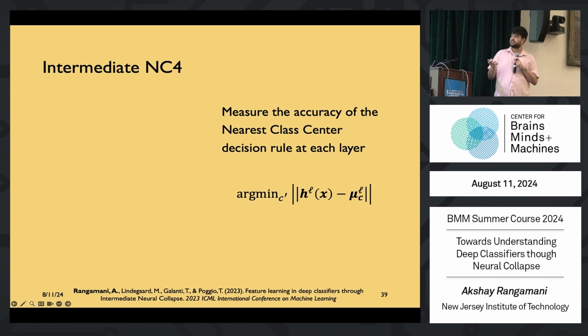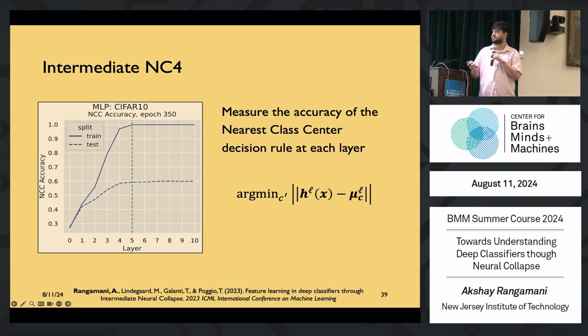Then you can also measure the accuracy of the nearest class center decision rule at each layer, and you see that once again, beyond wherever your within class covariance drops below the between class covariance, you can essentially just cut off the deep network from there, and you can get the same performance using those features.